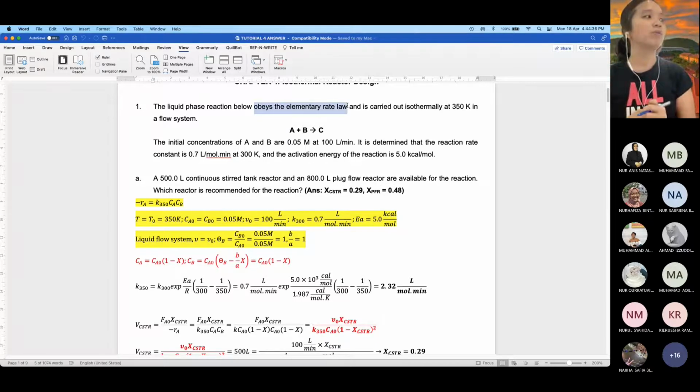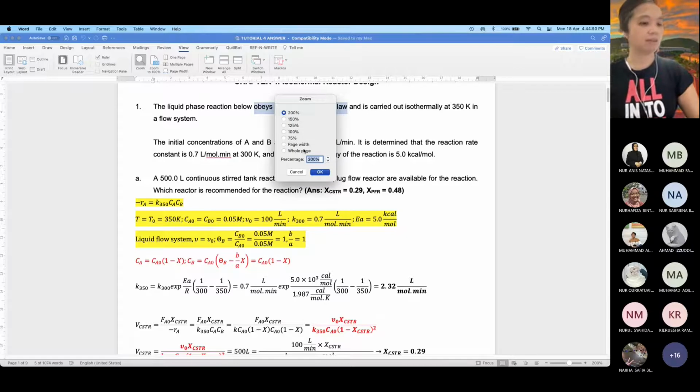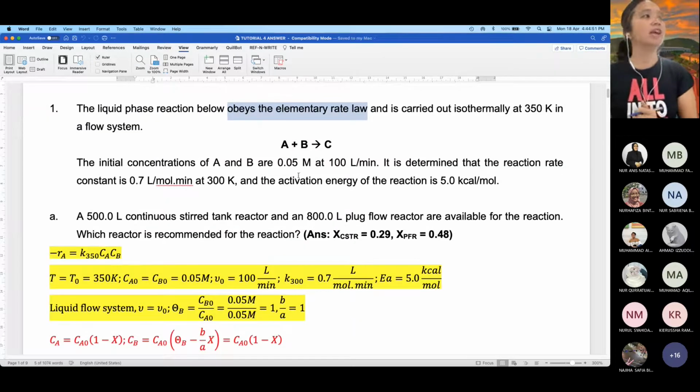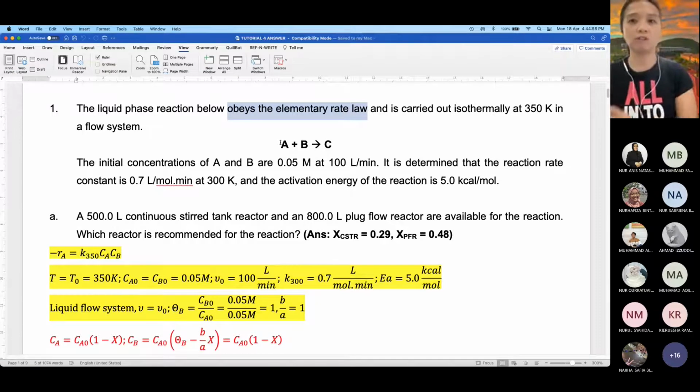By now, you already can write the rate law. Meaning, if it obeys elementary rate law, the reaction order of each reactant is equal to the stoichiometric coefficient.